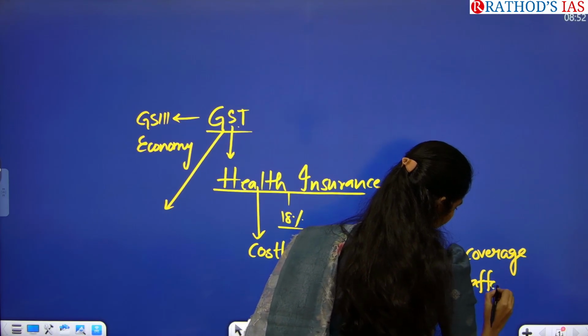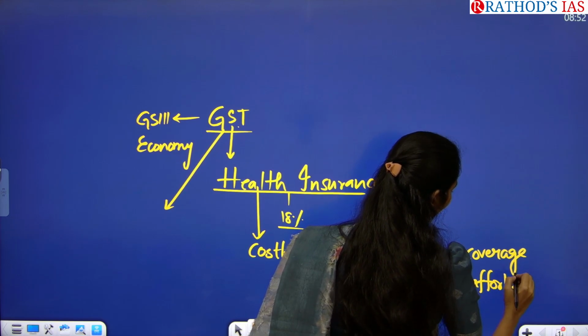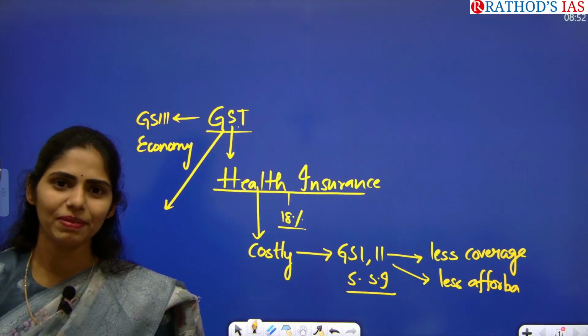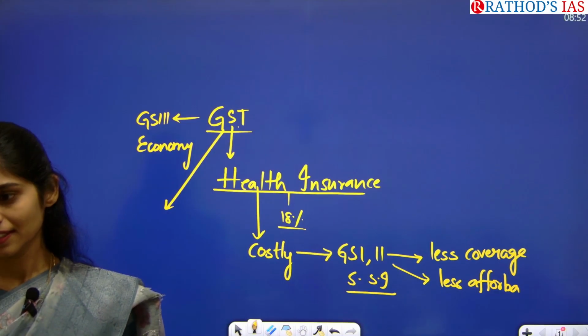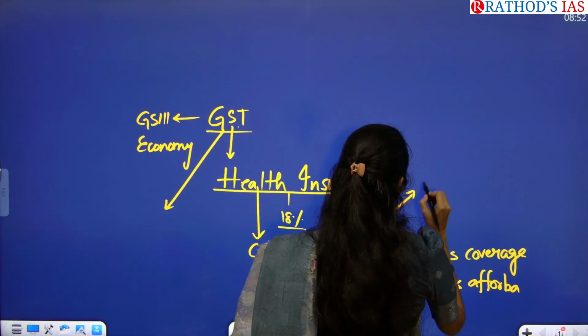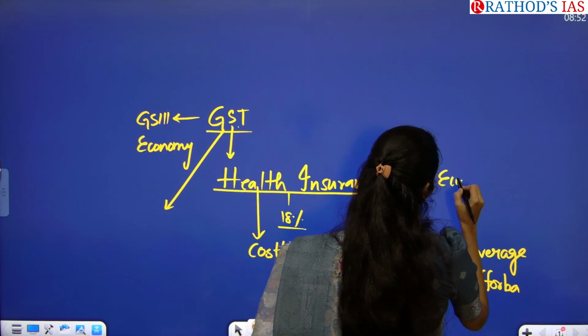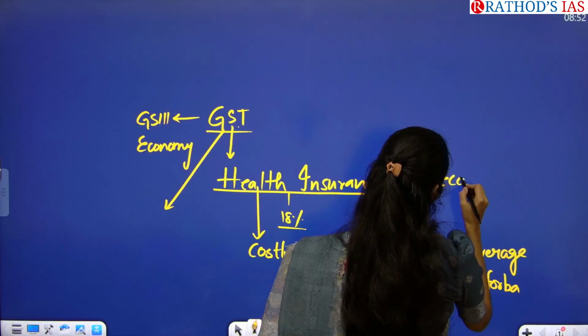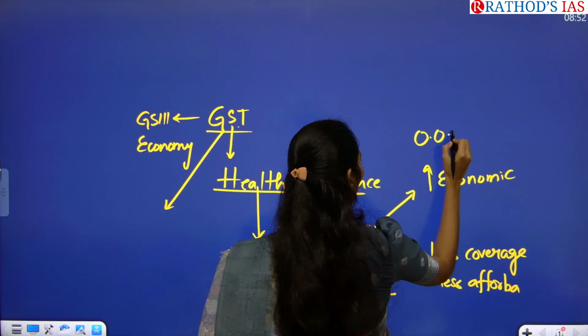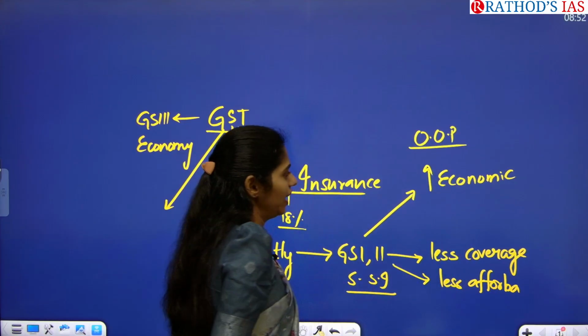for people. So whenever people are not getting this health insurance, what will be the further impact on that family? Yes, there will be increasing economic burden. As you all know, out of pocket expenditure is very high in India.